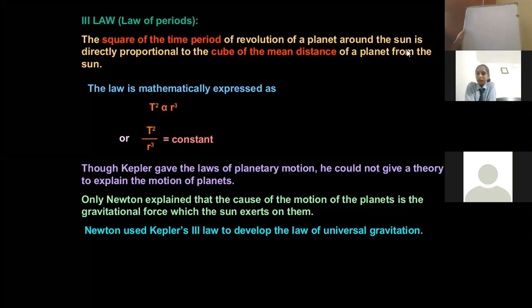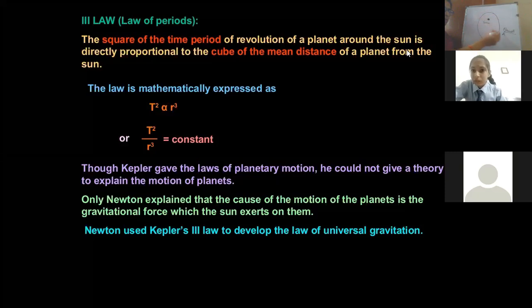For example, what is the time period? Time period is the total time taken by a planet to revolve around the sun. For example, if this is the orbit of any planet, let it be planet A, planet Earth, any planet, and the sun is at one of the foci.